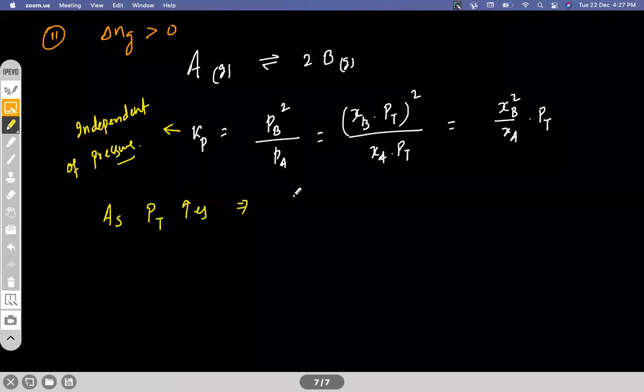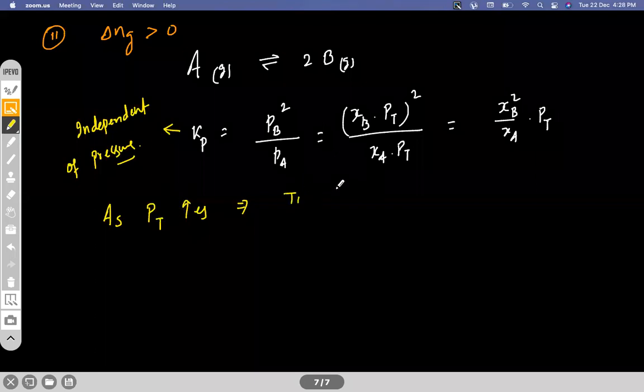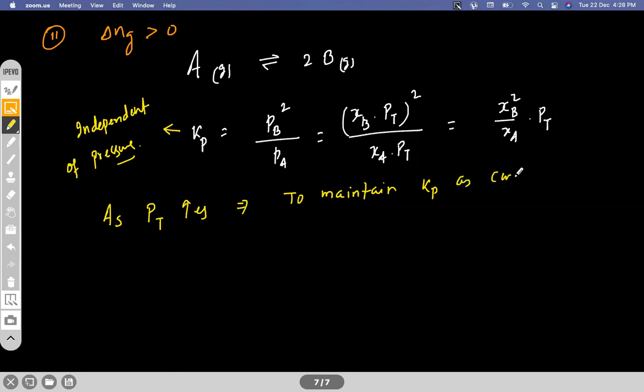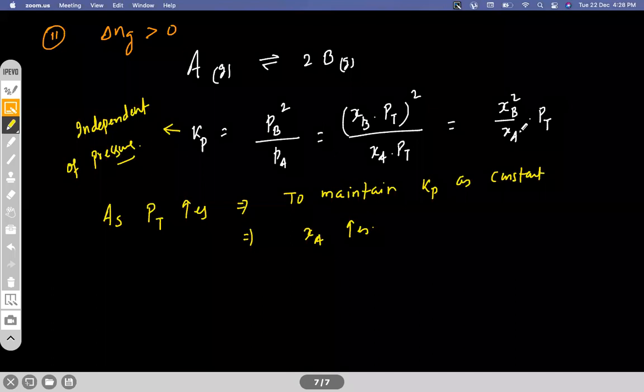If PT increases, to maintain Kp constant, what we need to do? We need to increase the mole fraction of A. Whatever increase in PT we have, a similar amount XA will increase, and hence the ratio will become constant.